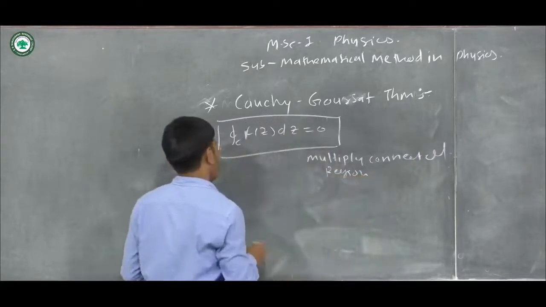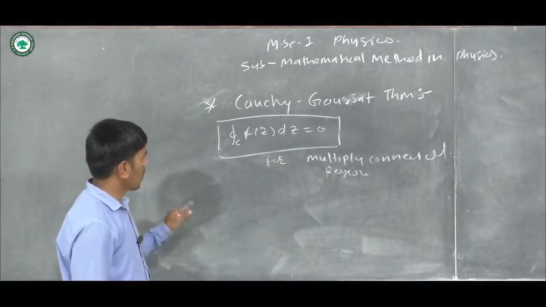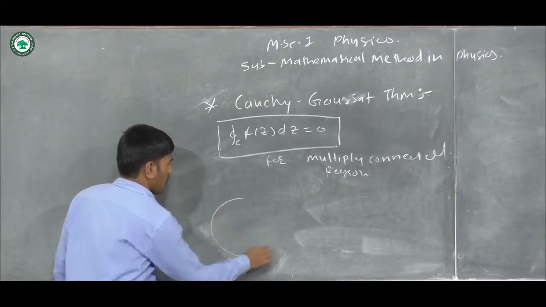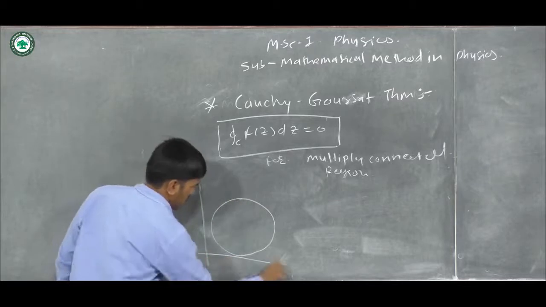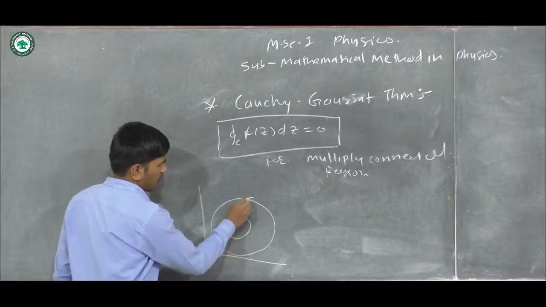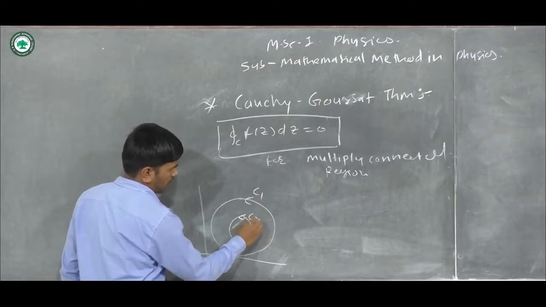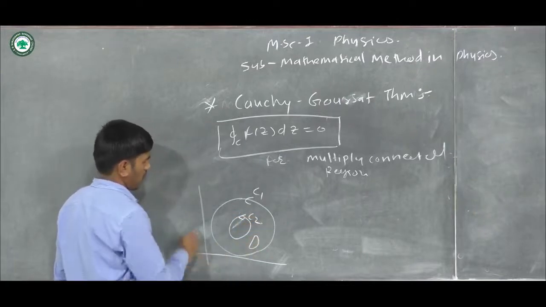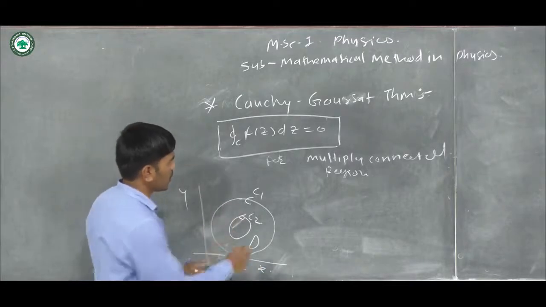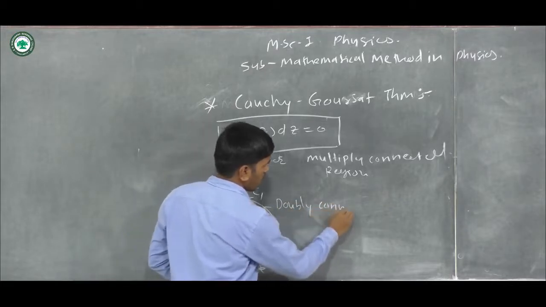So for multiply connected regions, suppose here is a multiply connected region. It is C1 and this is C2, and this is a domain D, with axes Y and X. So this is a multiply connected region, doubly connected.